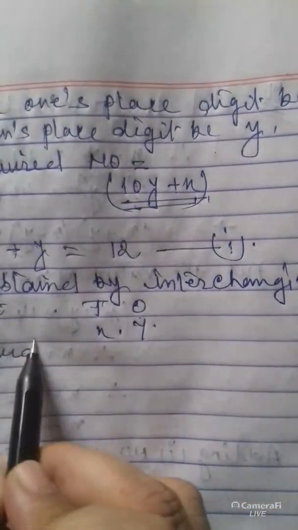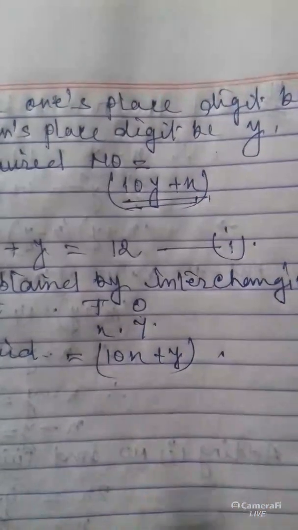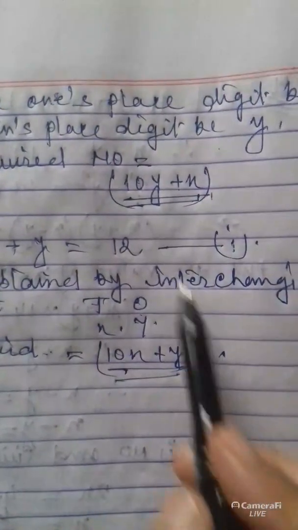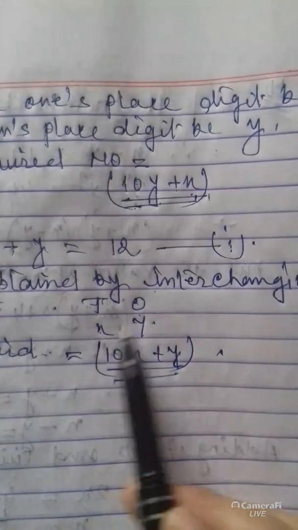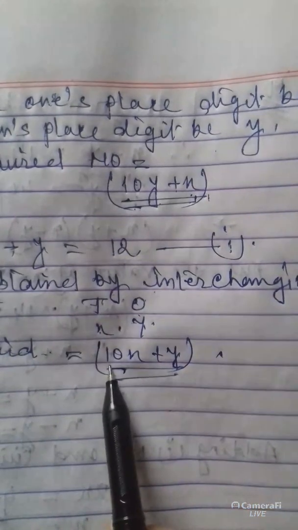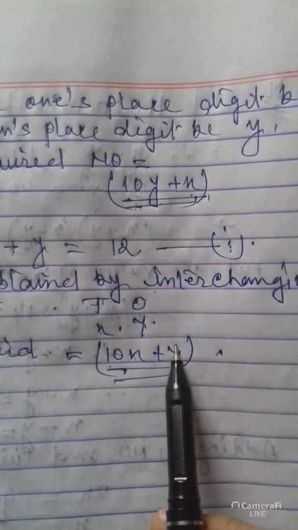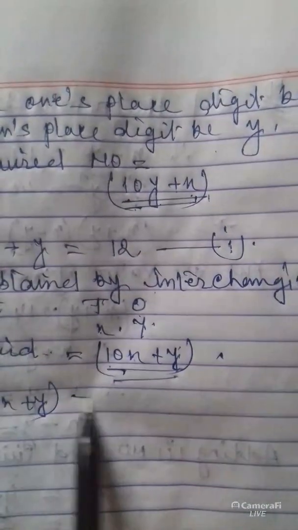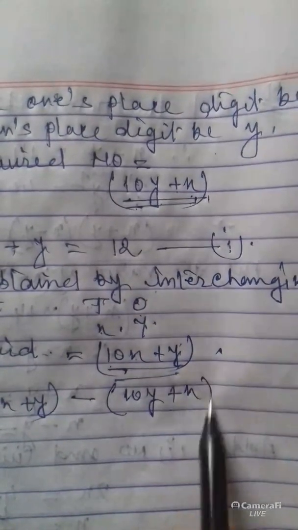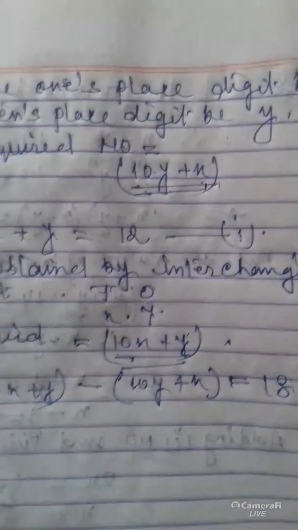Therefore the new number is 10x plus y. The condition is that the number obtained by interchanging the digits exceeds the given number by 18, means 10x plus y, this is the new number, minus (10y plus x) equal to 18. This is the second number equation.